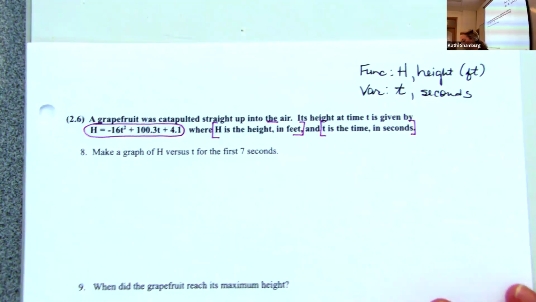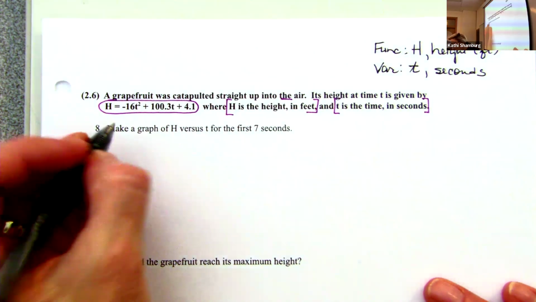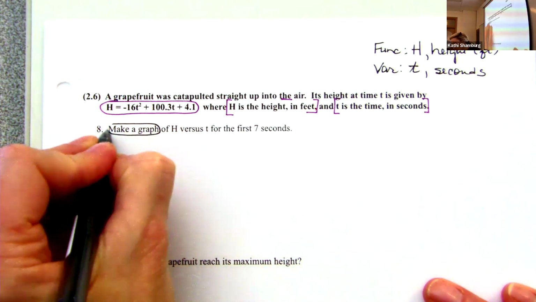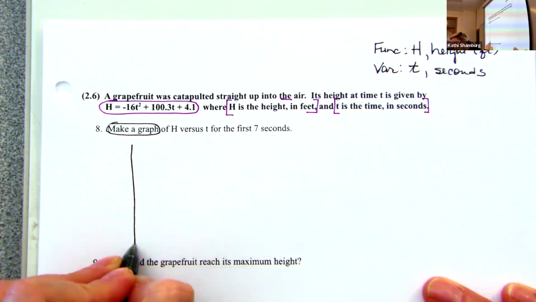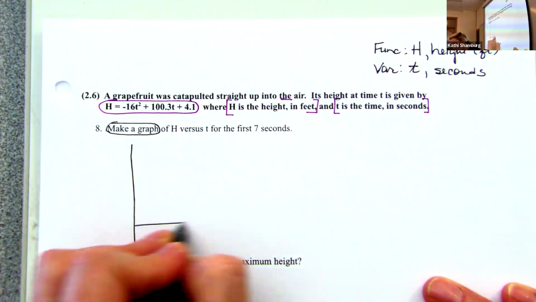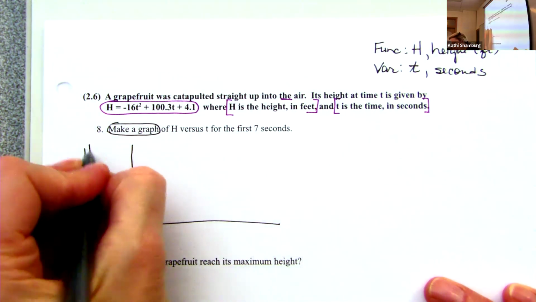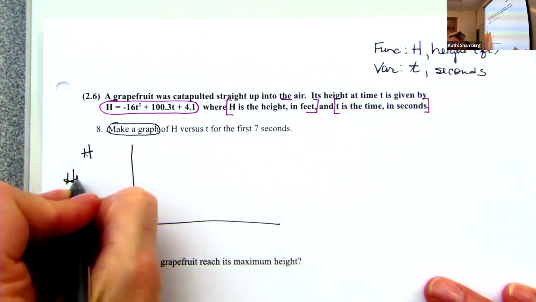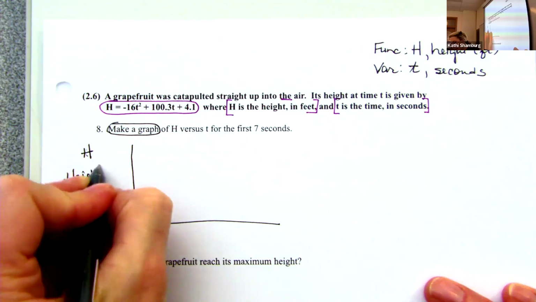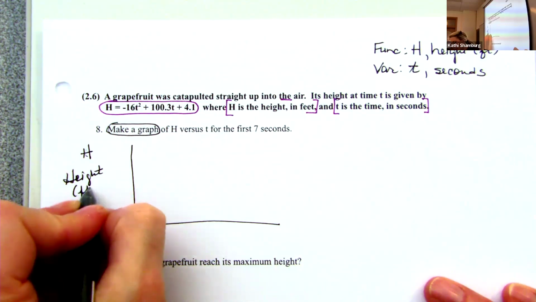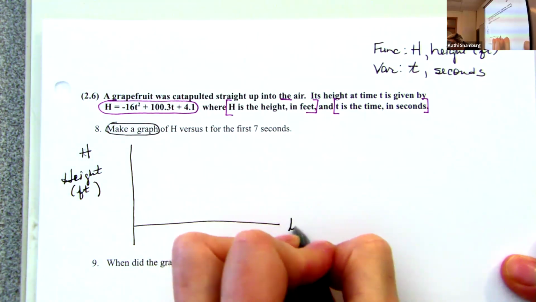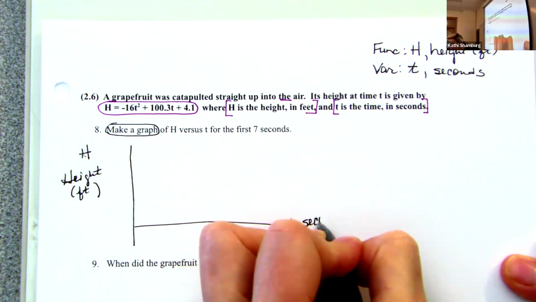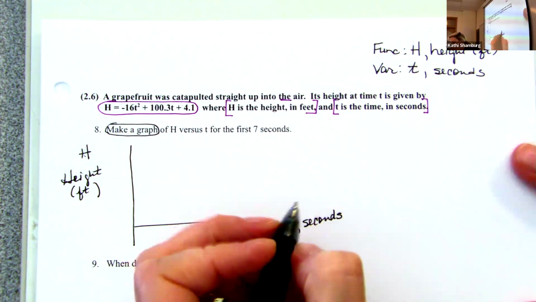All right. So make a graph. Okay, so first off, h is my function, so that is height. That's in feet. Variable t, and that's in seconds. All right.